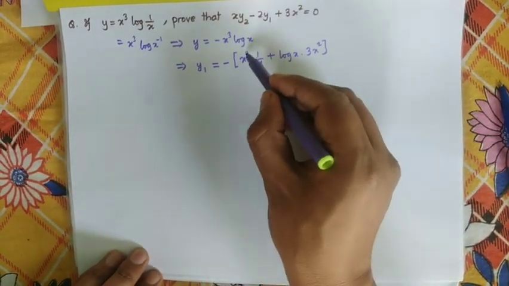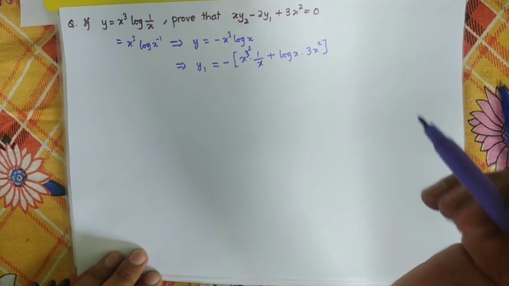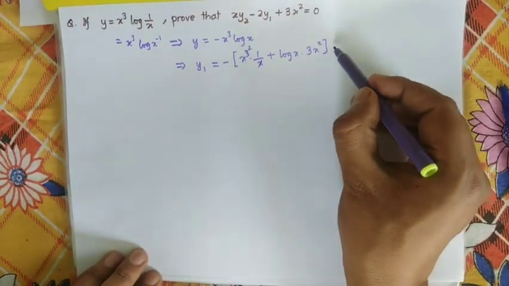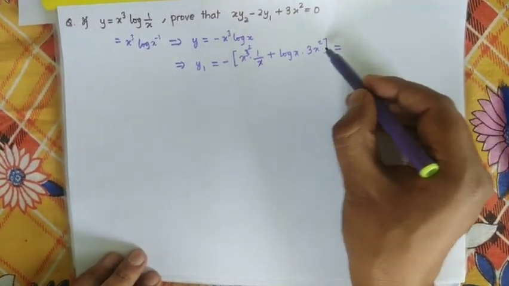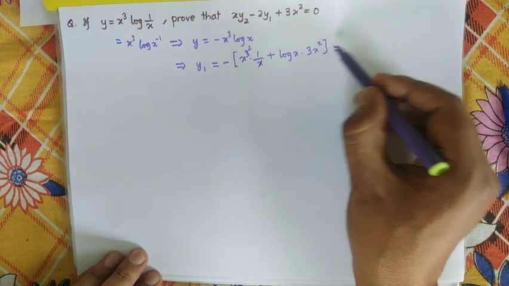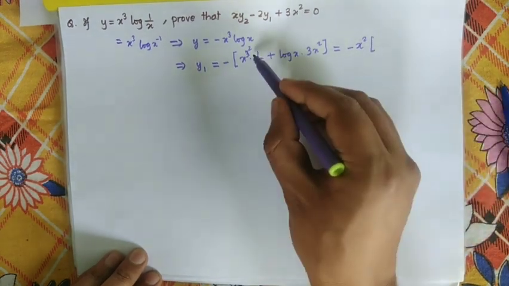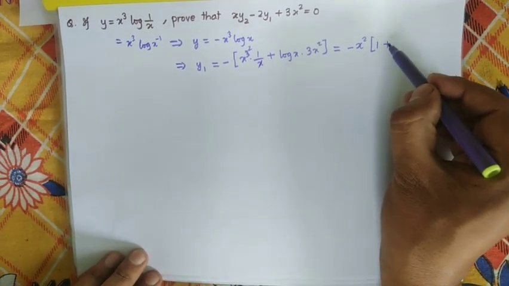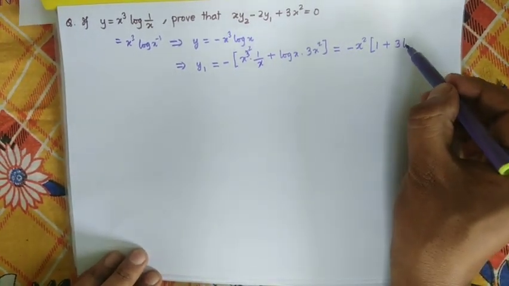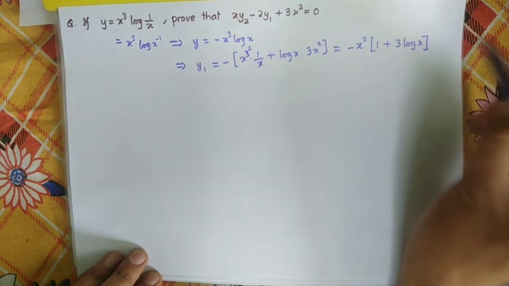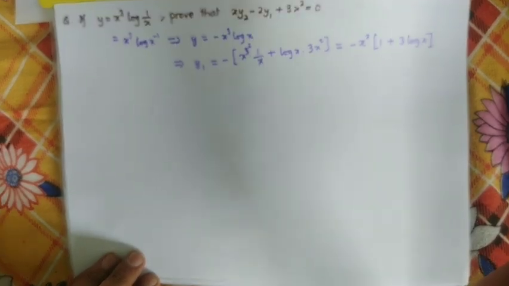So this and this get cancelled. From here I can write x square as common, so I have minus x square into 1 plus 3 log x.